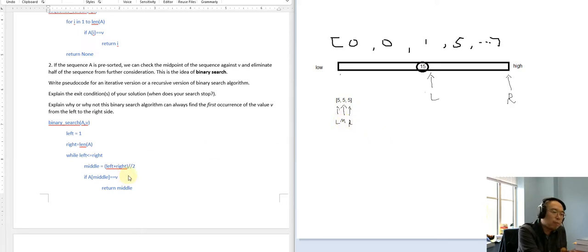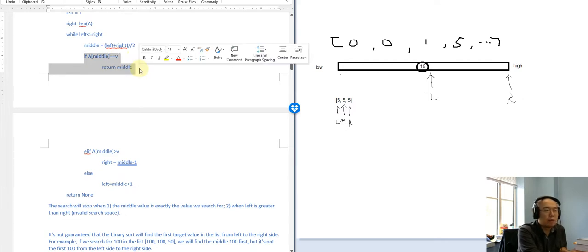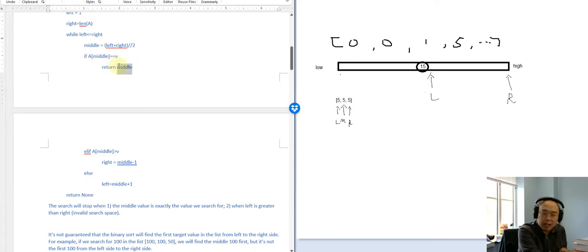Following my algorithm, if the middle one is exactly the value we are looking for, we return the index of the middle value. So in this case, I'm going to return the index of the middle 5. This means it's not guaranteed that a binary search will always give us the first occurrence of 5, because in this case, it gives me the second occurrence of the 5.